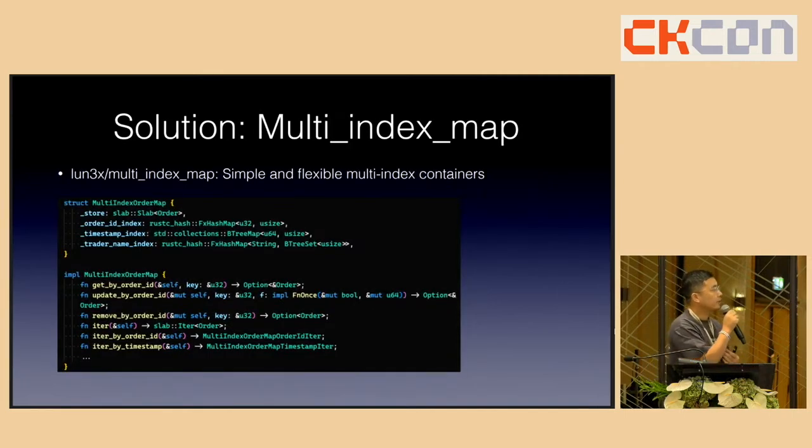So the solution is to use a data structure to reflect it. This is a Rust package called multi-index map. In essence, there are some hash maps or btree maps in the multi-index map, so we can get by some specific property or iterate by the property. It is a perfect fit for our purpose.